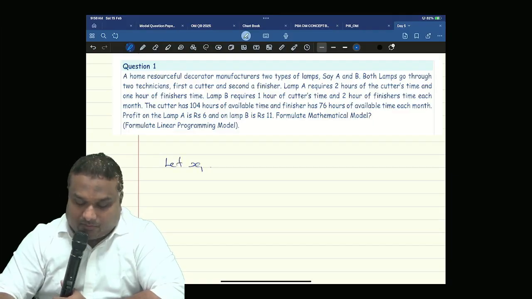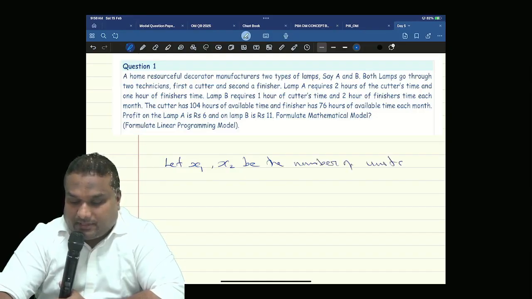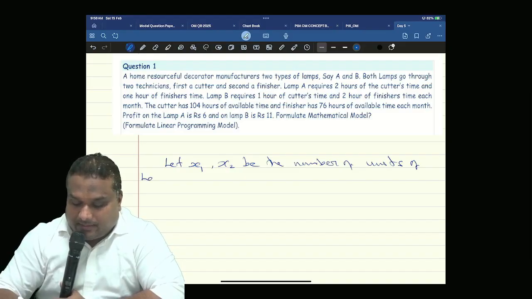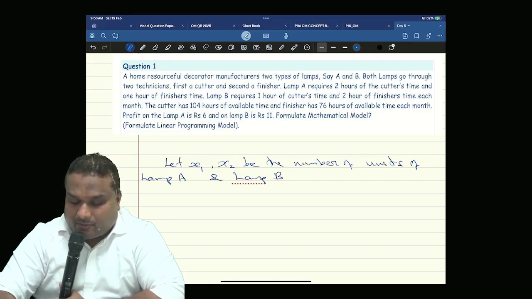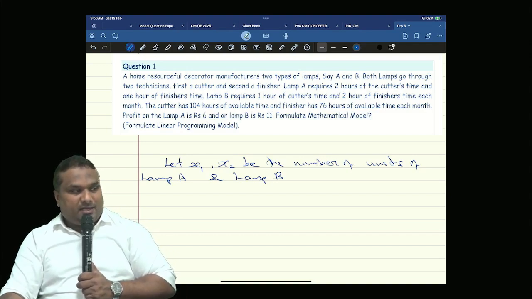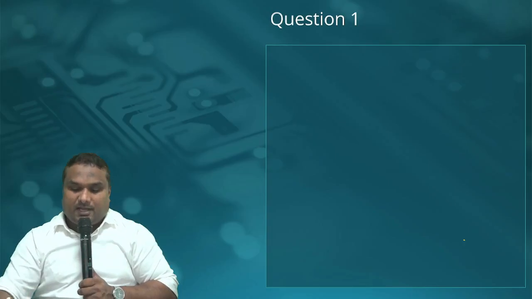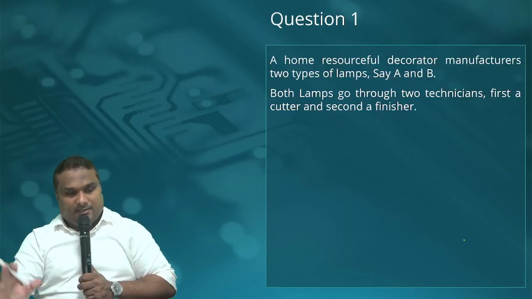Let X1, comma X2 be the number of units of lamp A and lamp B. We don't know how many lamp A are to be made. We don't know how many lamp B are to be made. So let X1, comma X2 be the number of units of lamp A and lamp B. Okay?